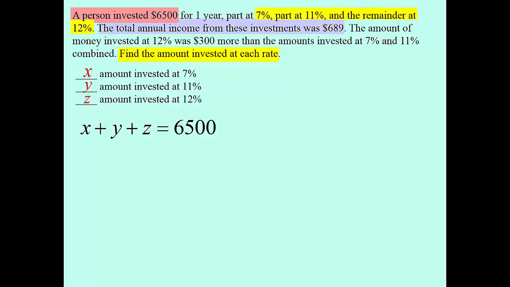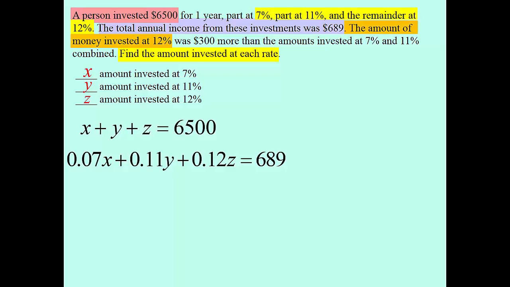And if the income was $689, just like in the last problem, we multiply the rate times the amount and add them all together, and it has to be $689. And very similar to the last problem, if the amount invested at 12%, that's Z, is 300 more than the amount at 7 and 11 together, then we have our other equation.